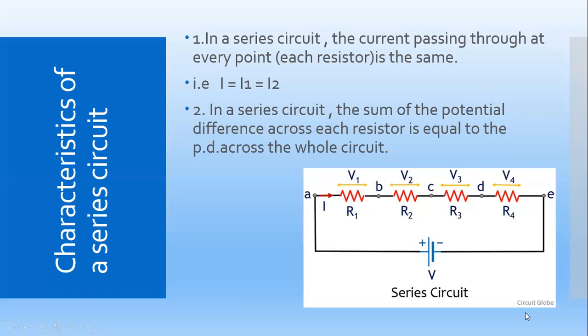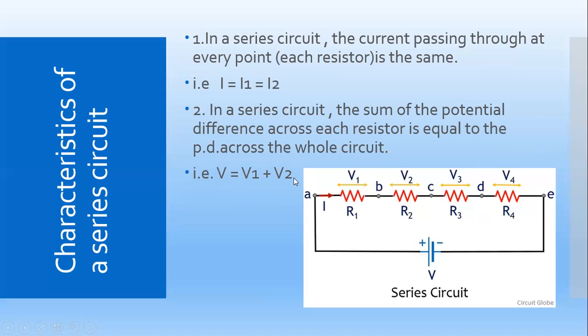If V1 is 2 volts, V2 is 5 volts, so that makes 7, and suppose V3 is 2 volts. So the sum of the potential differences across all the resistors is equal to the potential difference of the battery, that is 9 volts. That means V is equal to V1 plus V2 plus V3 and so on.